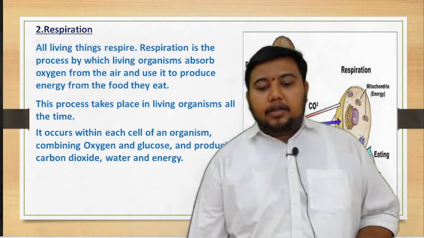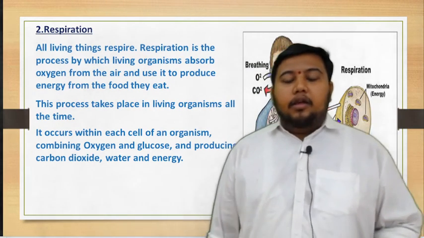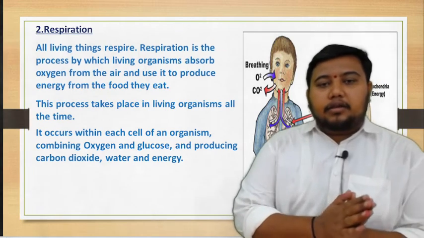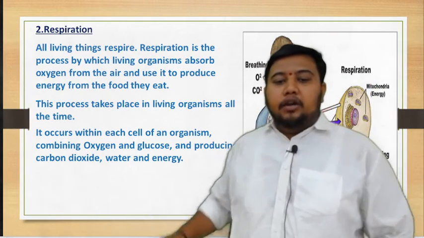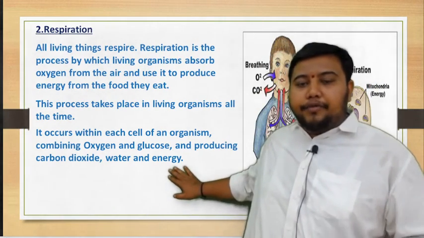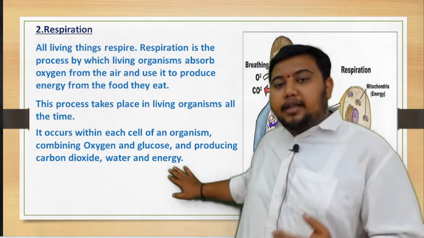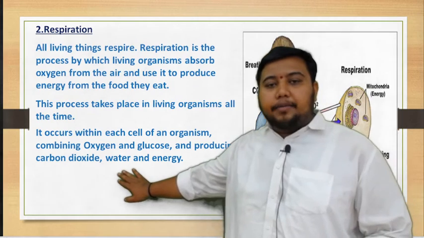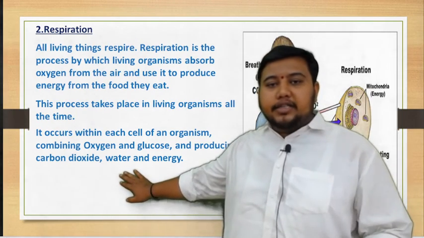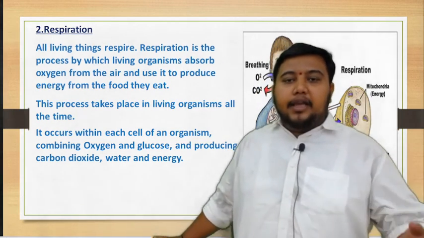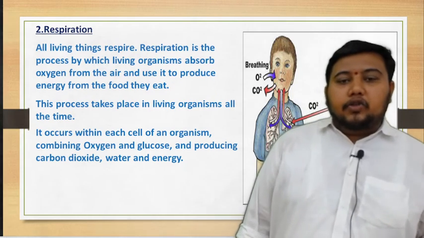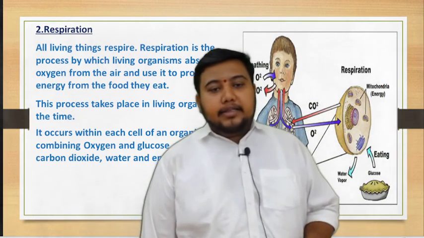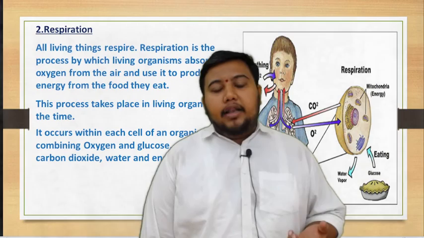What is the main work of the respiration process? To form energy from the food we are eating. With the energy, other products are formed like water and carbon dioxide. Carbon dioxide is not necessary for our body, so we breathe out that carbon dioxide. So this is one of the characteristics of living organisms.